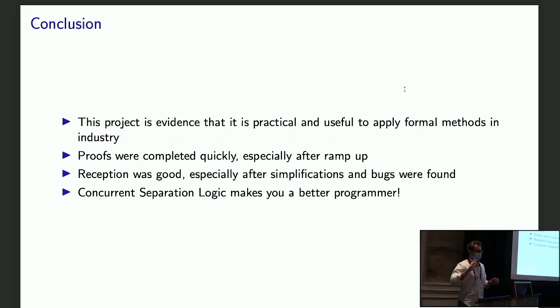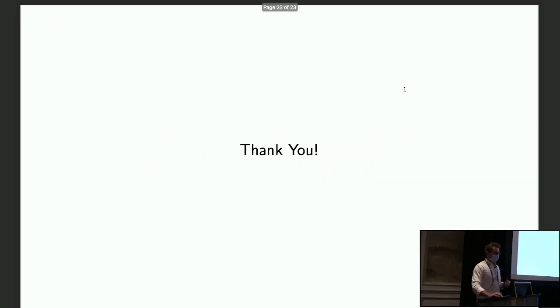And it also puzzled me, how did someone ever create this algorithm and make it correct without even having some sort of informal way of reasoning about what they were doing? So thinking about invariants could probably help you write correct concurrent code, even if you're not writing a formal proof. So that's all I have. I'm happy to take questions.